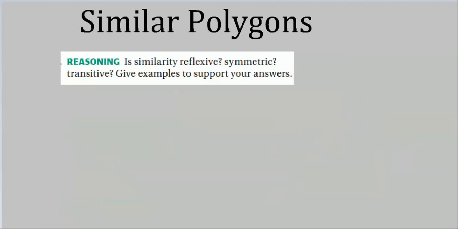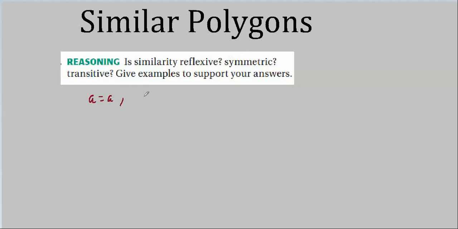Now here's a good one to think about. Seems to me it's worth knowing. Do you remember what reflexive, symmetric, and transitive mean? Remember, we'll frequently consider these in terms of properties of, say, equality. Reflexive was that A equals A. What was symmetric?